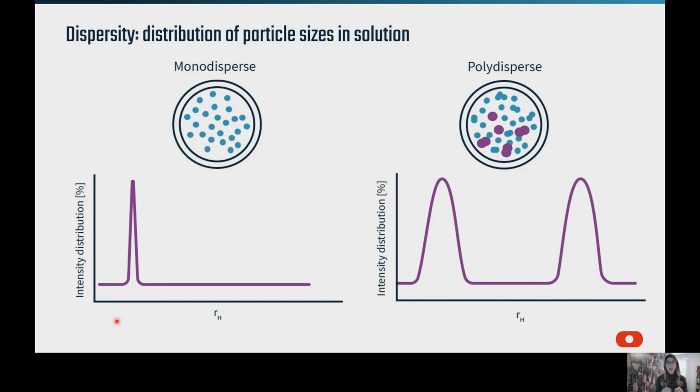And the peak is very sharp and narrow, indicating that there's a tight distribution about the mean. Whereas the polydispersed system includes a variety of different particle sizes. And in this example, we see in the intensity distribution plot two peaks corresponding to two different particle species with two different radii. And these peaks are relatively broad, which indicates that those particle populations are both polydispersed or heterogeneous.